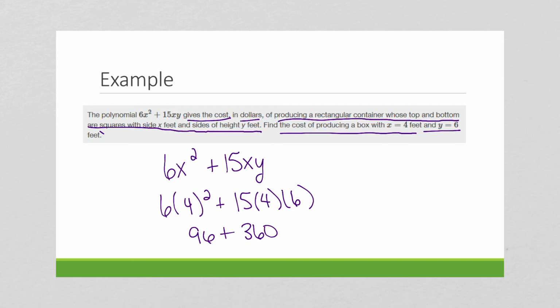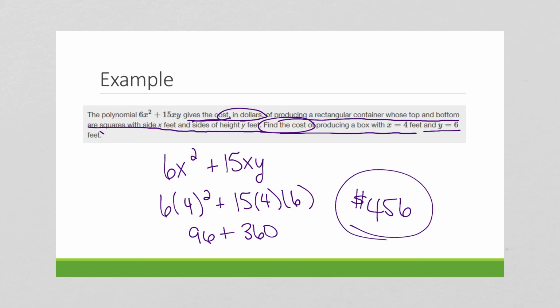And I get 456. 456 what though? What does it mean in terms of this problem? And it says the cost. So it is the cost in dollars. So $456 is the cost to produce the box of these dimensions.